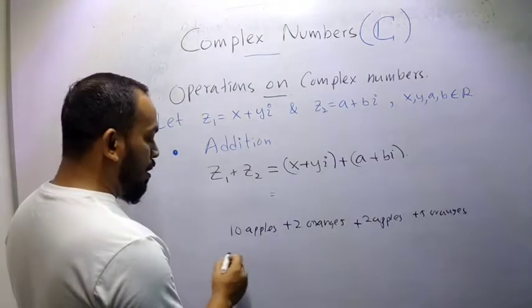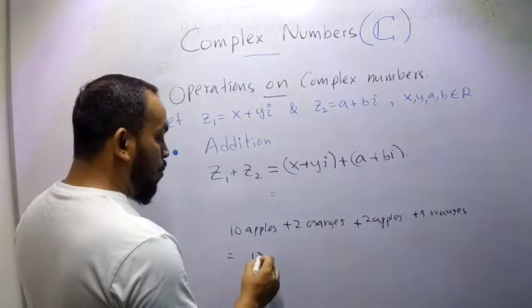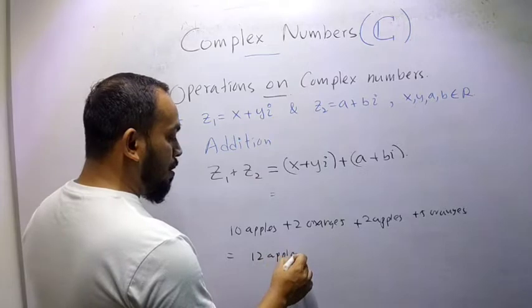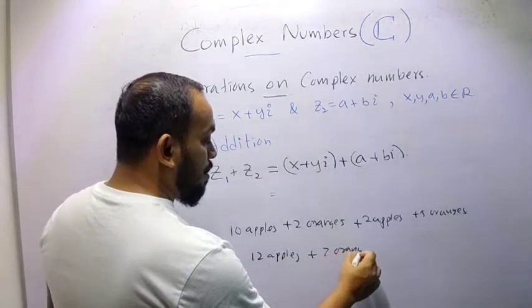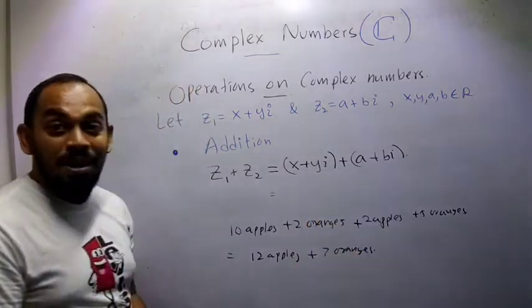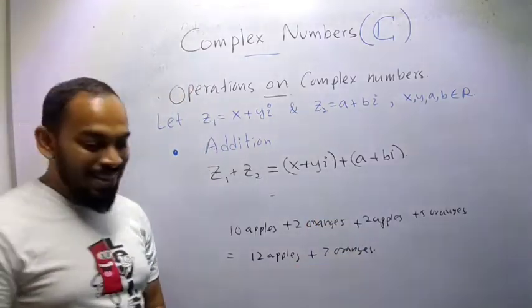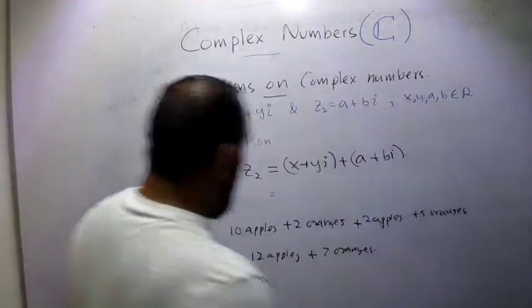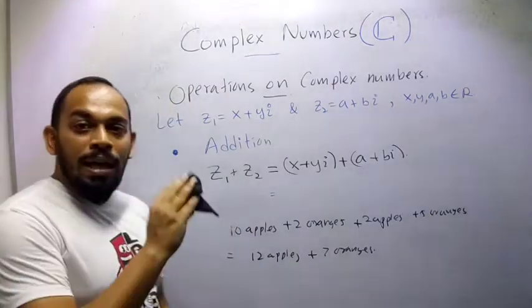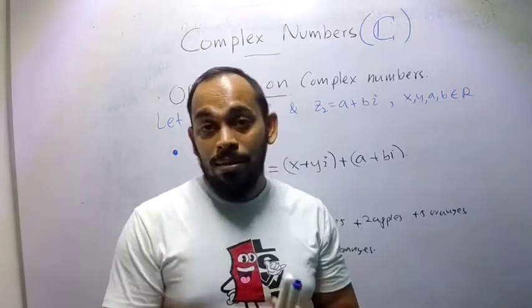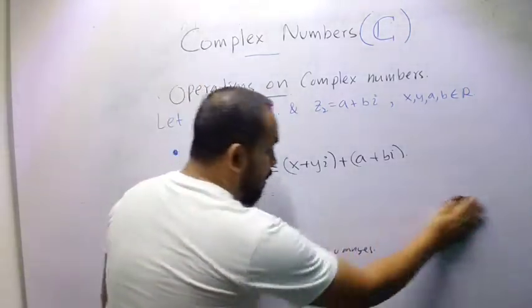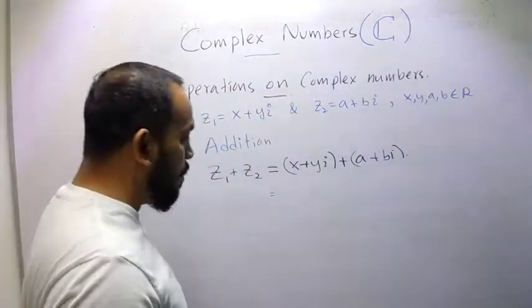So altogether we have 12 apples and 7 oranges. So don't write this down. This is just for illustration. Okay. So what does that mean? You can only add or subtract the same kinds, similar kinds. Just like humans interact with humans.